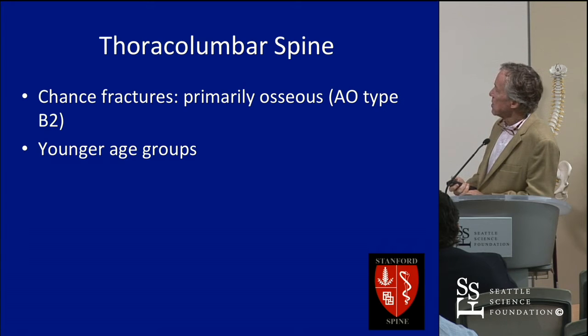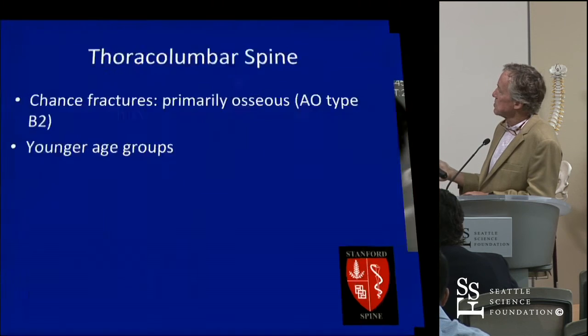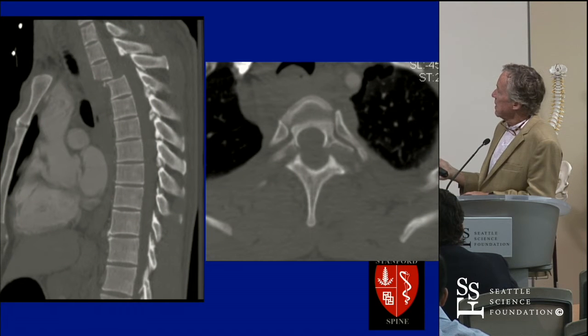The thoracolumbar spine, again, these are the chance type fractures or flexion distraction injuries. They're primarily osseous in the elderly patients, but in the younger age groups, there can be typically ligamentous type injuries because the bones are so strong in that area. And here's an example of an x-ray that looks very much like that fracture dislocation that we just saw on the previous slide. Looks very similar to a slide that Dr. Dekatowski showed yesterday.